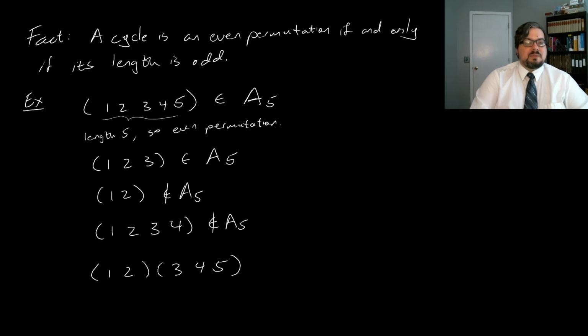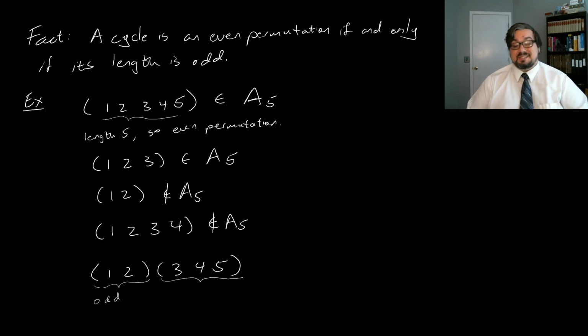Well, from here we can look at each one and we can see that (1 2) is an odd permutation because its length is even. Also, it is a single transposition itself, therefore it's a product of one transposition, and one is odd. And then (3 4 5) is an even permutation.